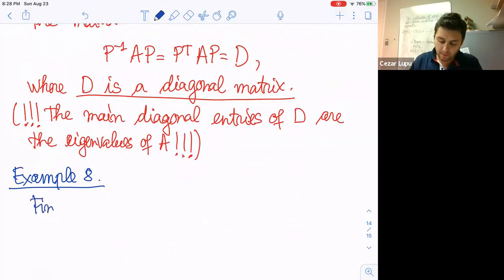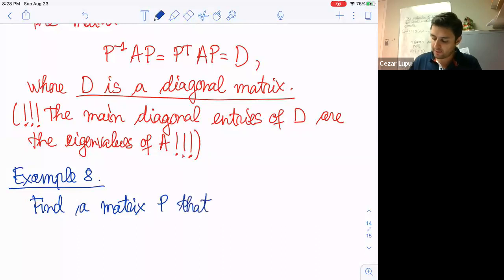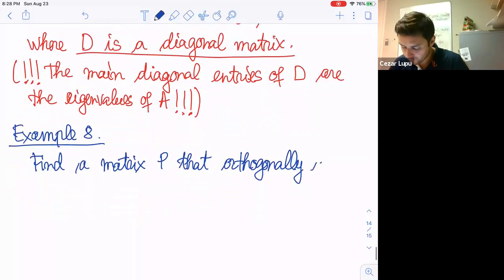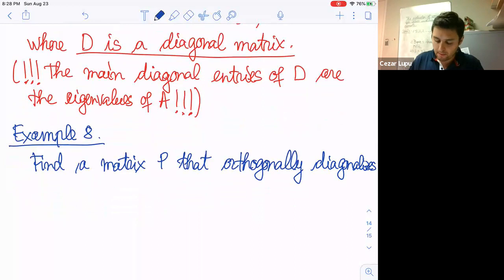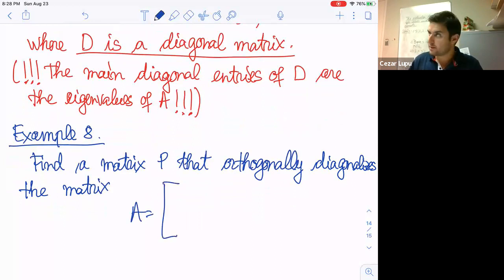Find a matrix P that orthogonally diagonalizes the matrix A, and let's pick a 2 by 2 symmetric matrix: -2, 2, 2, 1.